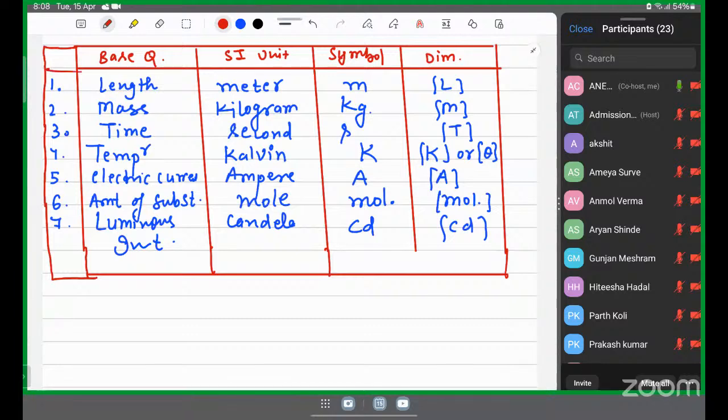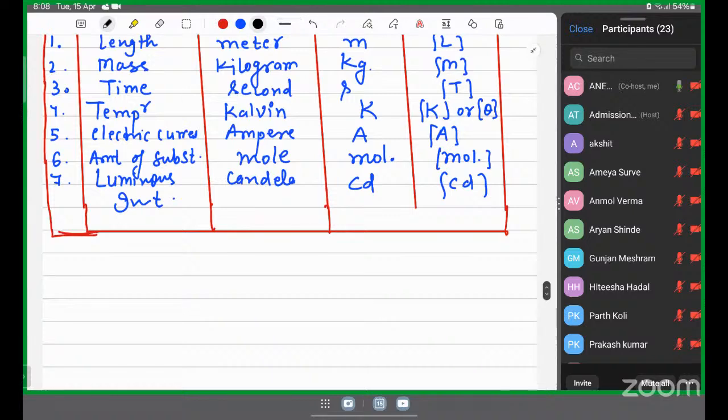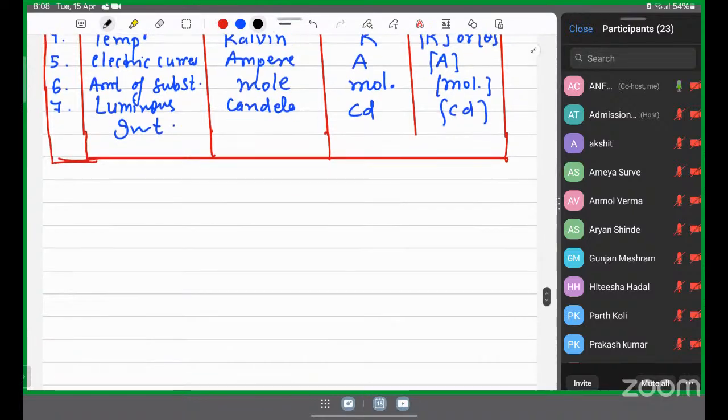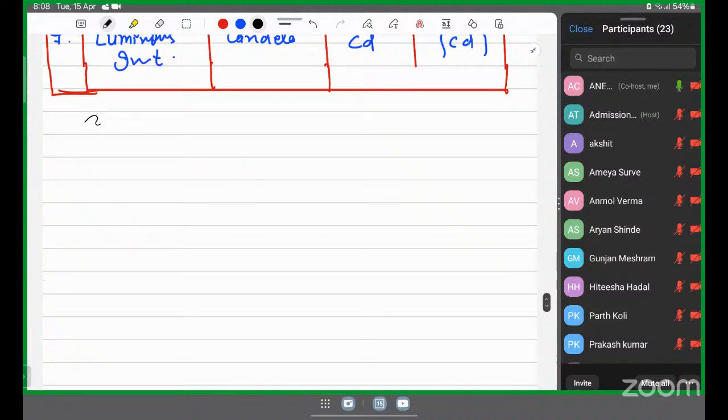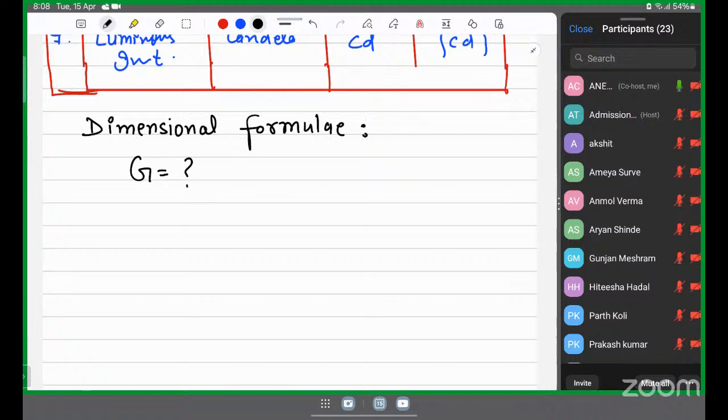Now we will try to find out dimensional formula for certain quantities. For example, what will be the dimensional formula for G? Dimensional formula for capital G, universal gravitation constant.